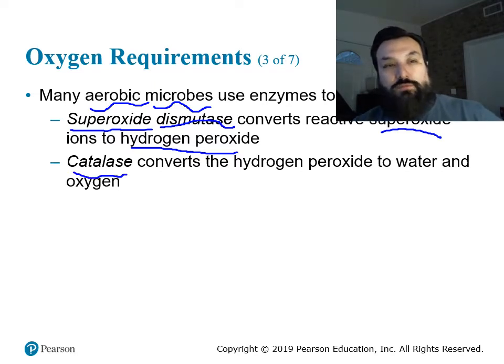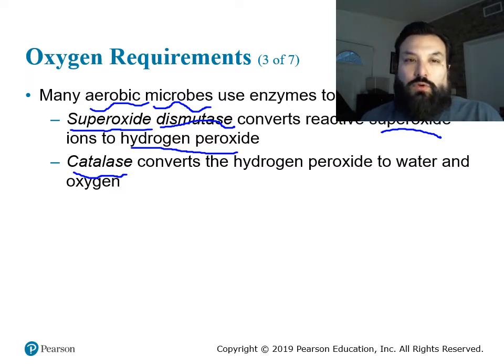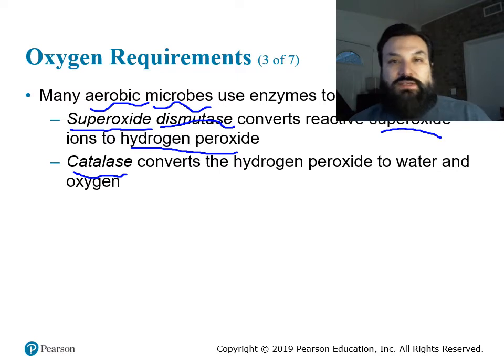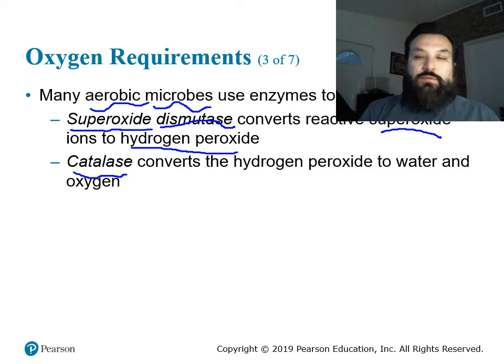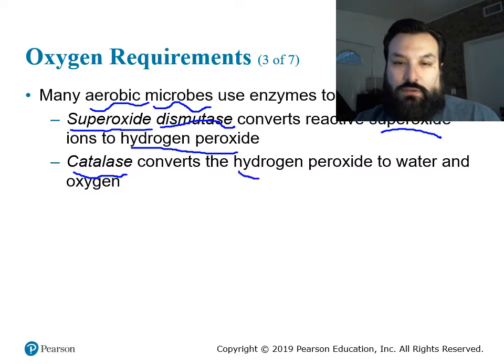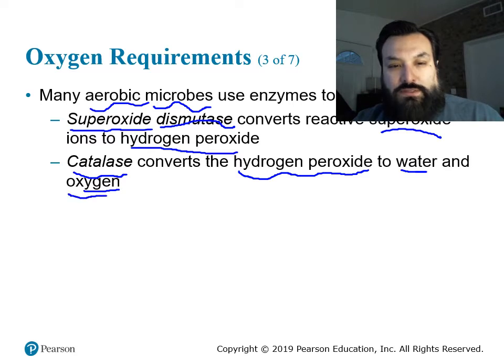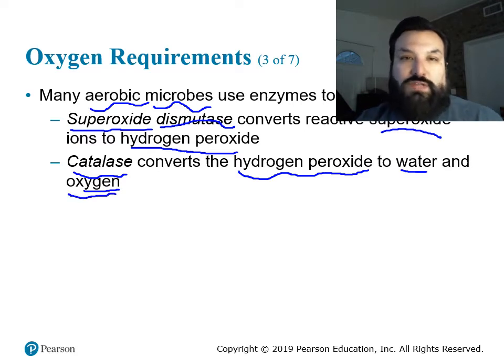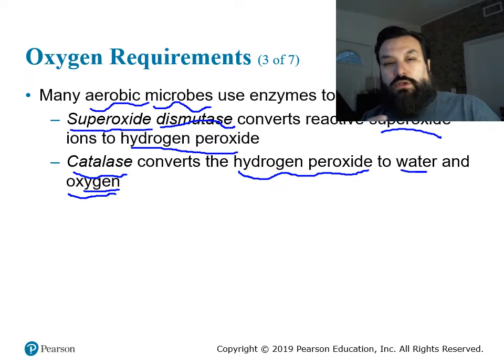We'll get to know catalase pretty well because there is a type of test we can use for an organism to discover if it does have this enzyme or it doesn't. We'll see that later in lab, so keep that in mind. Catalase is the enzyme that converts hydrogen peroxide, breaking it down into water and oxygen.